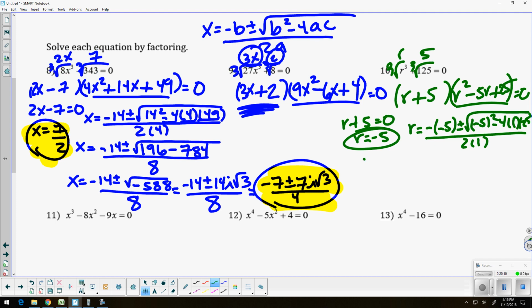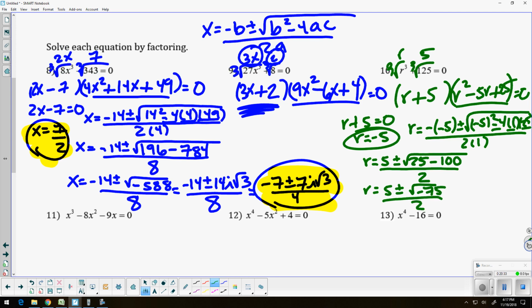Negative negative 5 is positive 5, plus and minus the square root of positive 25. Now we have negative 4 times 1 times 25, think like quarters, that'd be minus 100, all over 2 times 1 is just 2.